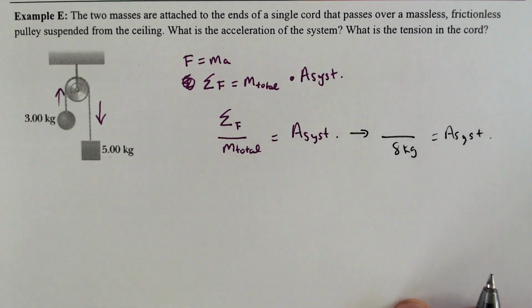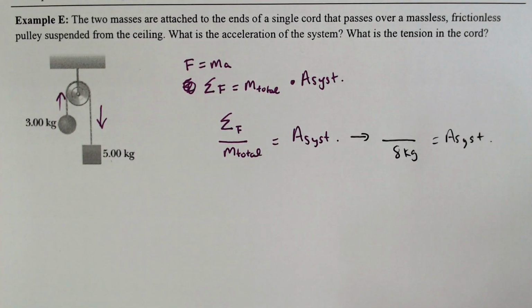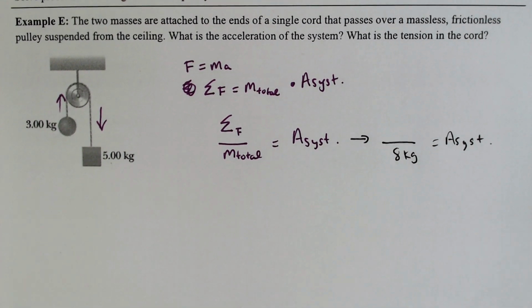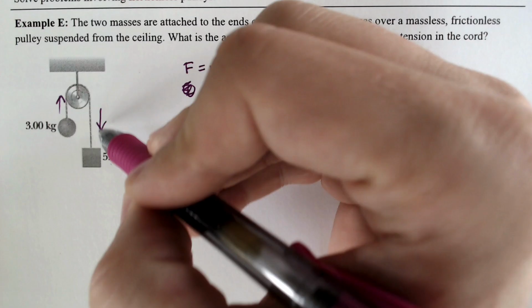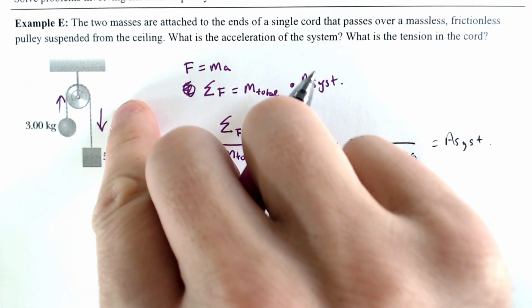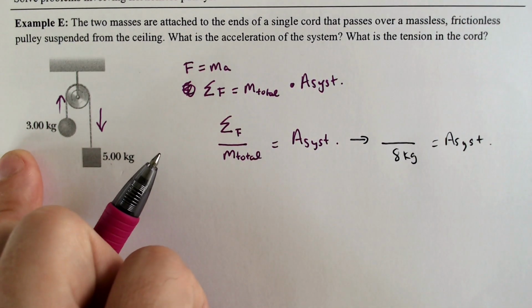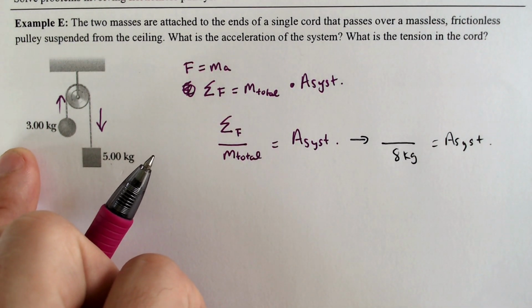But the overall net force is going to be different, okay? Because gravity is affecting them both, but the 5 kilogram is being pulled downward, and it is being counteracted by the 3 kilogram, which is also being pulled downward.